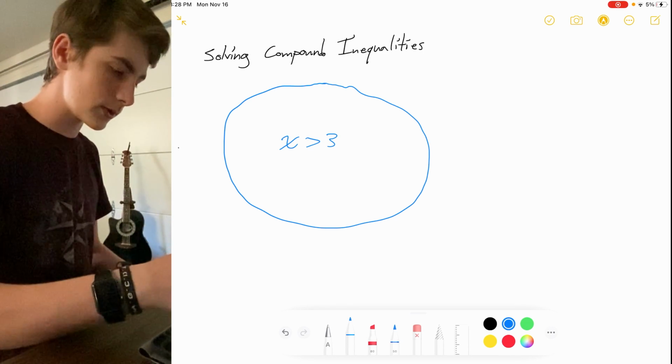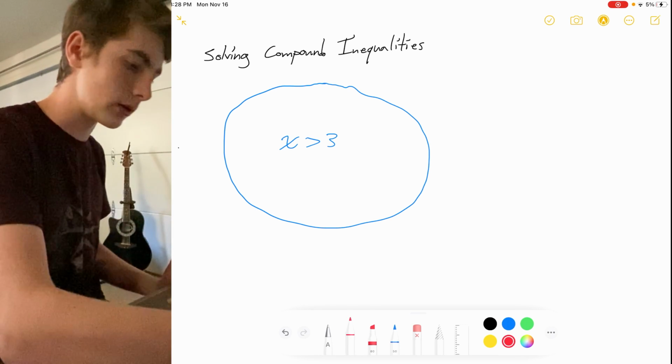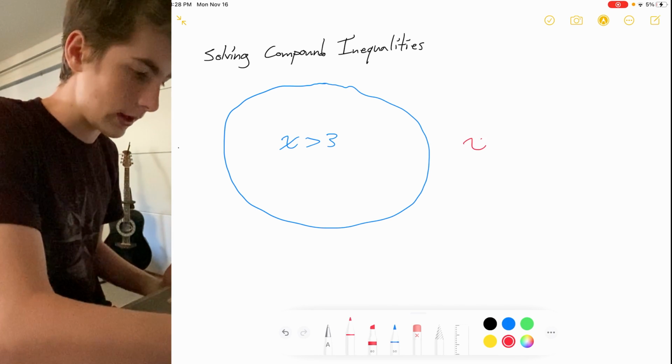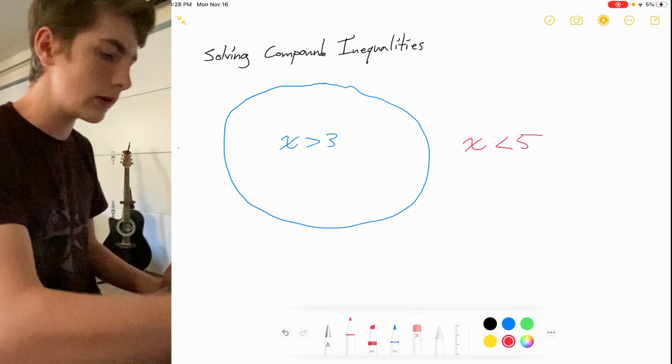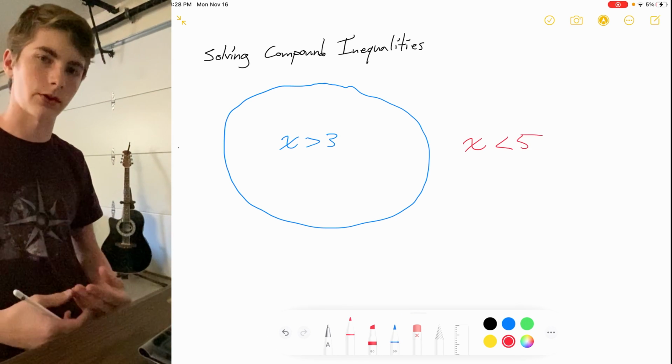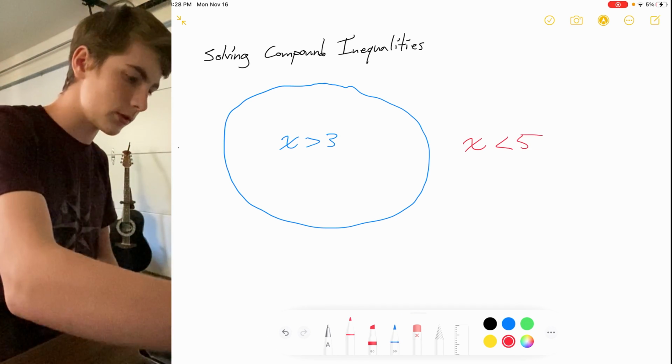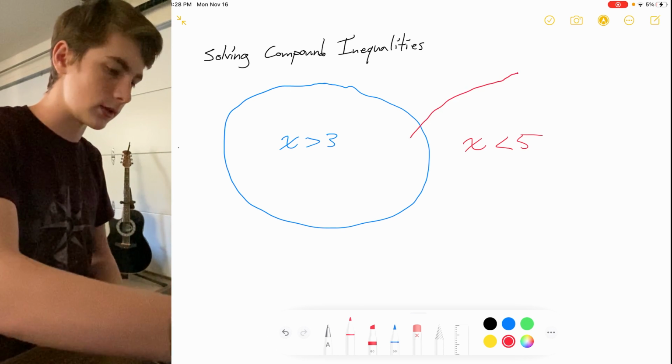Now, our second inequality, which is the x that are less than 5, that's going to make up a different circle, right? And that circle is going to be kind of like this, right?